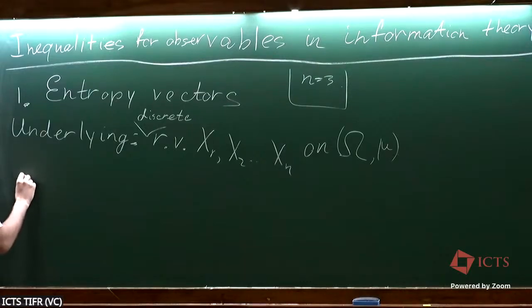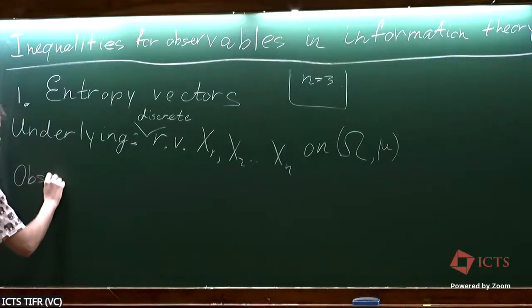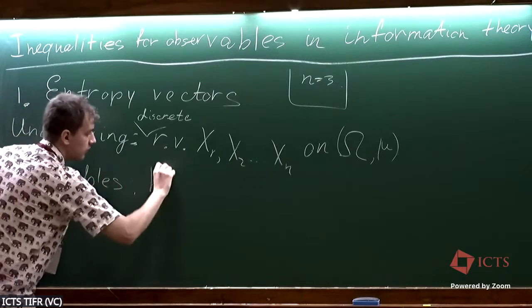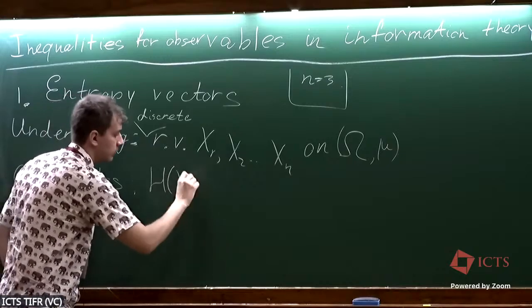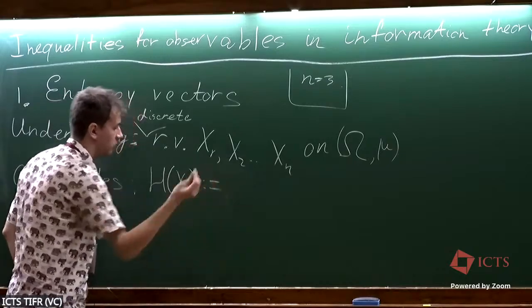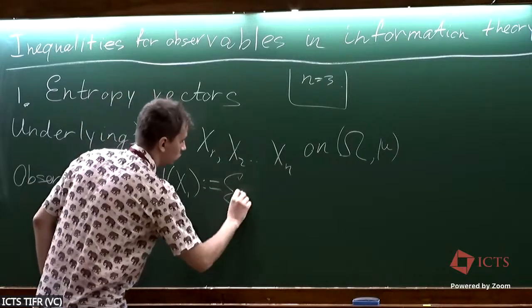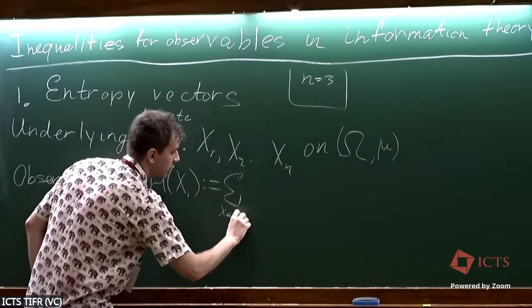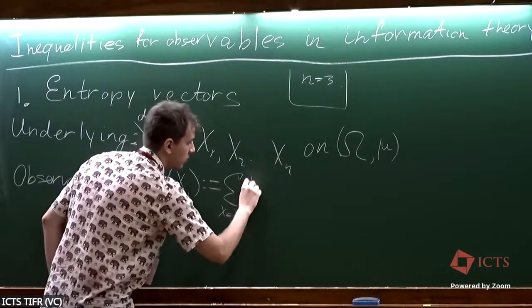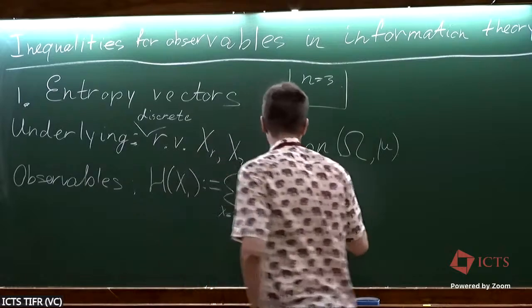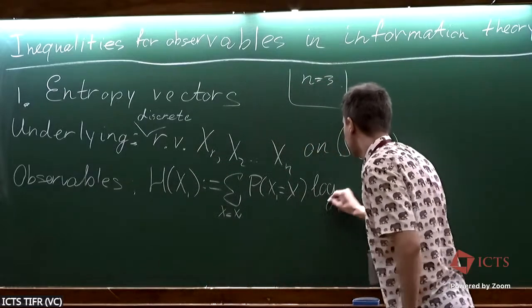So we can observe h of x1, by definition, let me remind you. It's the sum over all potential values of this random variable of the probability that the variable takes this value times the logarithm of this probability.